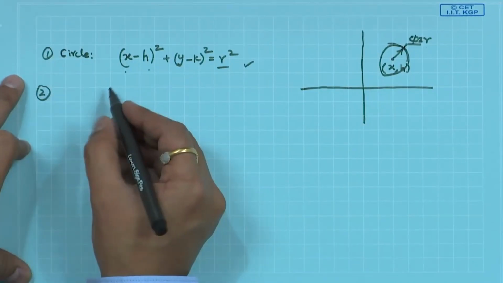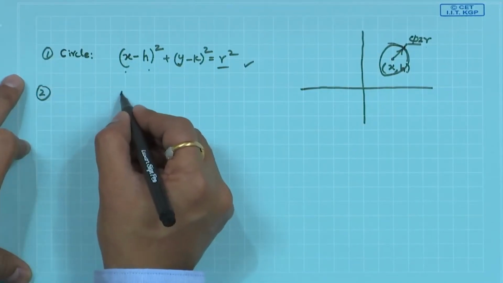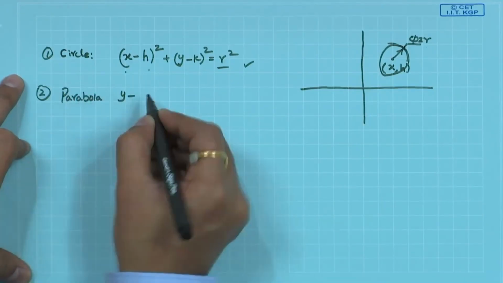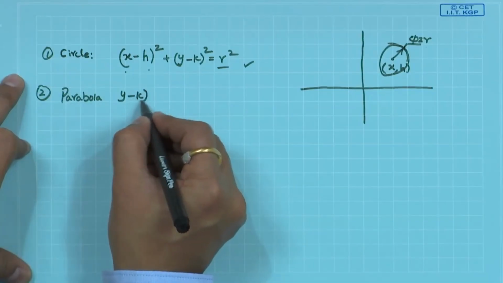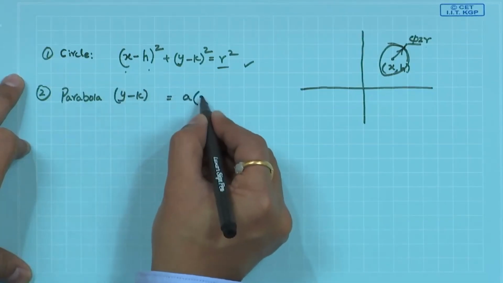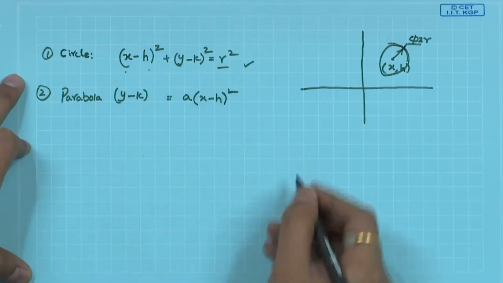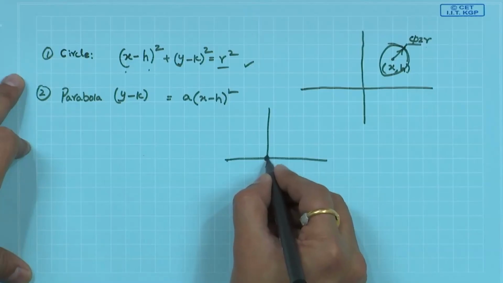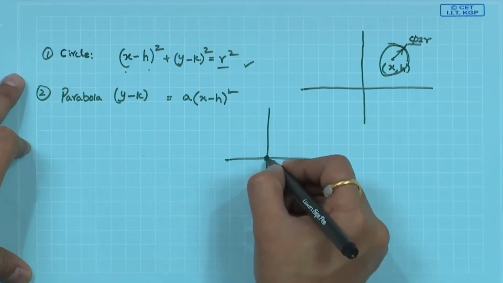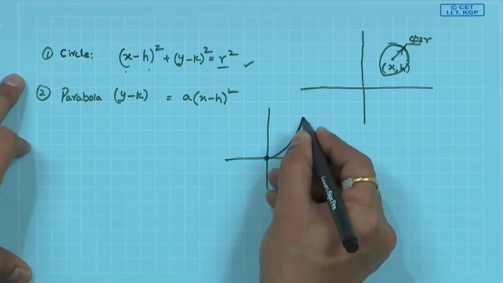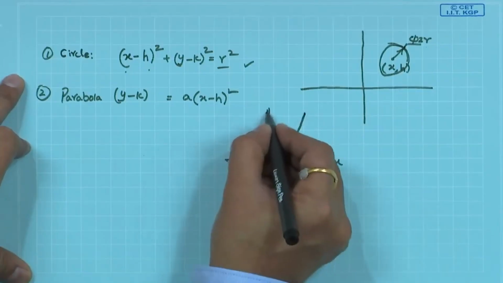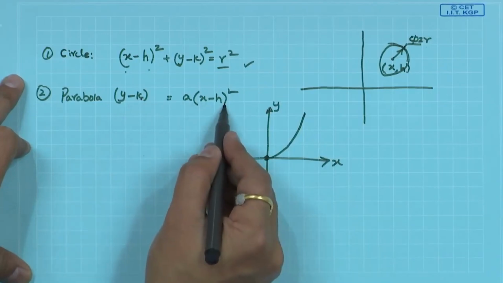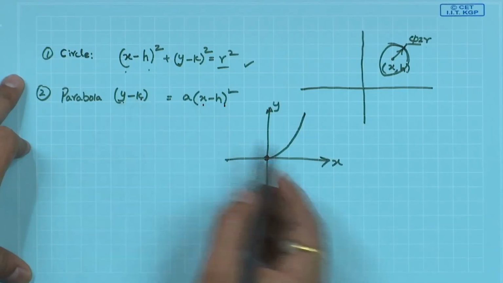If it is a parabola, if it is in the vertical direction, it satisfies y minus k is equal to a into (x minus h) square. So, the typical format, if it is centered at this origin or the parabola passing through this point, this is the x coordinate, this is the y coordinate, it satisfies k is equal to 0, h is equal to 0, and x is equal to 0, y is equal to 0 at this point.